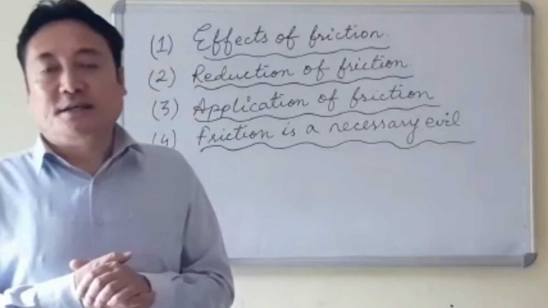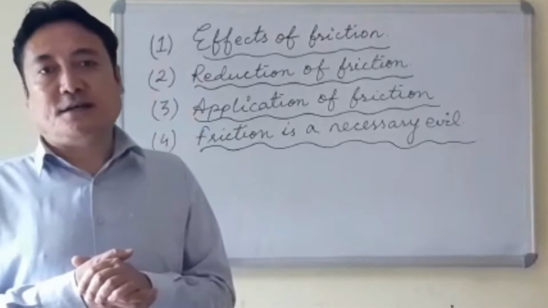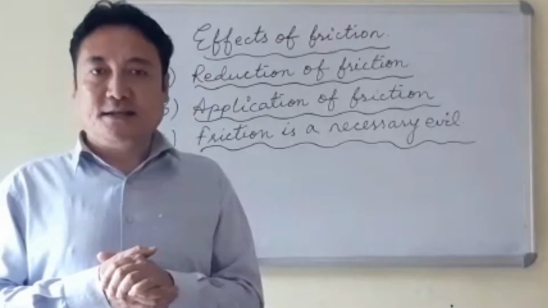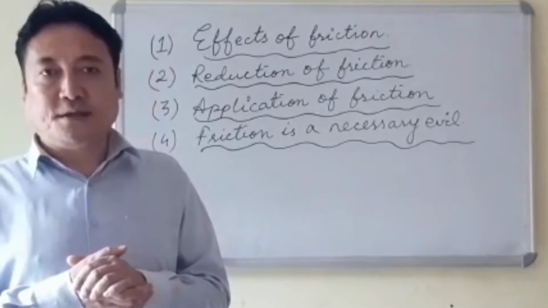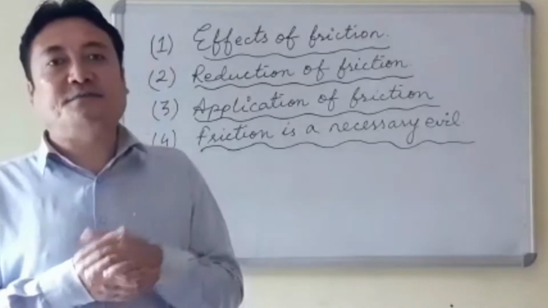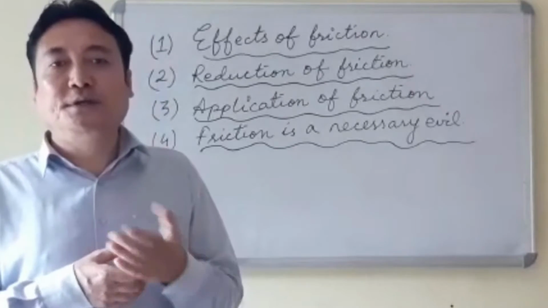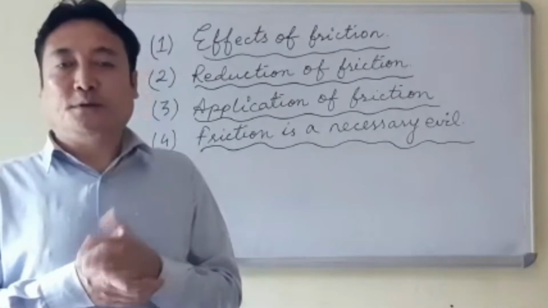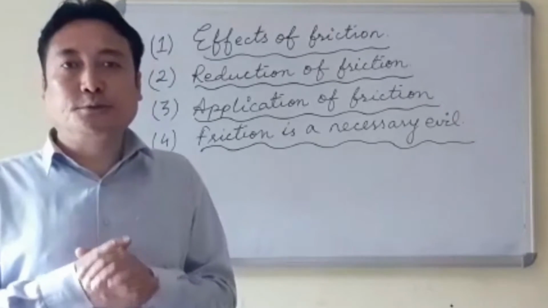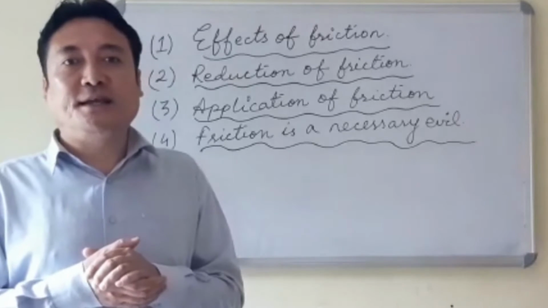The third one is that friction causes wear and tear. That means the wear and tear of the sole of your shoes. When you buy new shoes, after one or two years you have to purchase new shoes again. What happens here is that the sole of your shoes gets damaged.